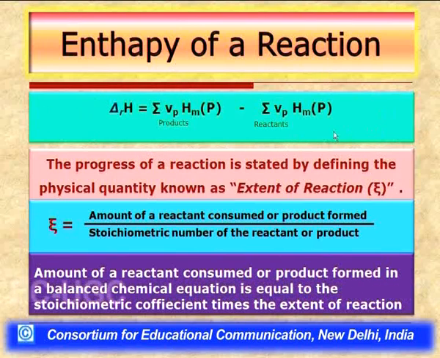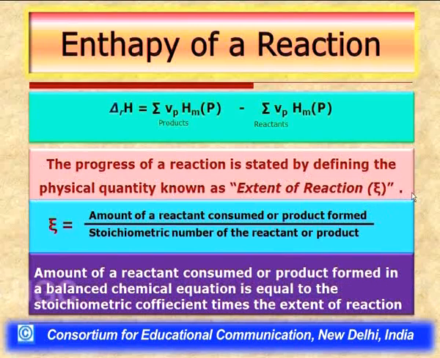it is important to formulate a certain concept, and that concept is the extent of reaction. So let us have a look at what the extent of reaction is. It should be taken into consideration that the progress of a reaction is stated by defining the physical quantity known as extent of reaction.